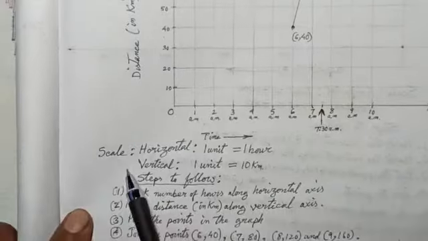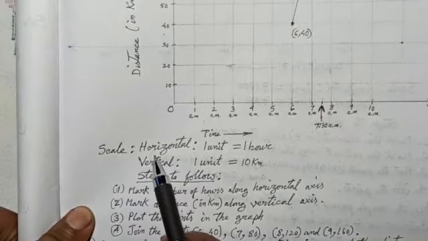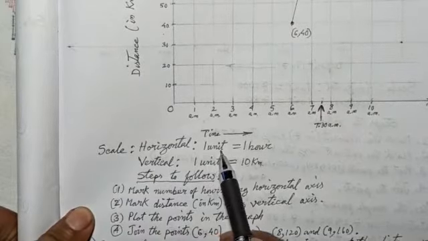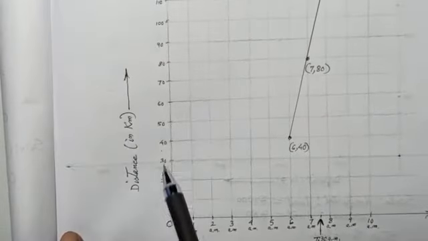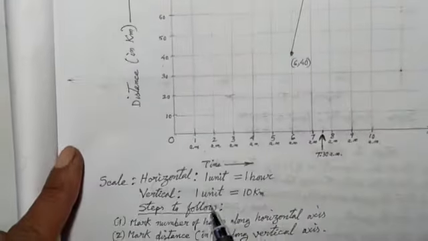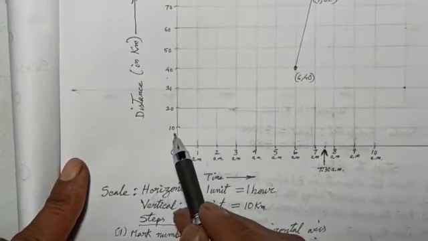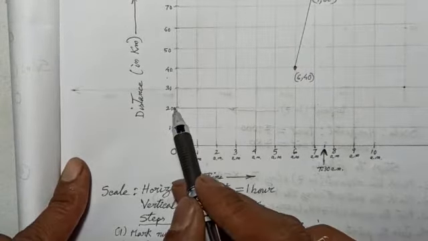Now scale. Horizontal, 1 unit from here up to there is 1 unit, equal to 1 hour, and vertical unit, this is vertical unit, and 1 unit is equal to 10 kilometers. So this is 10, this is 20, this is 30, and so on.